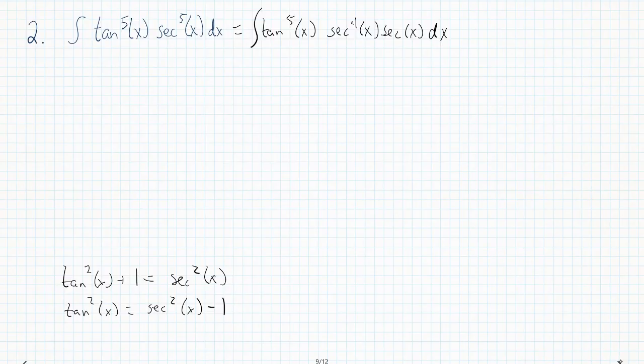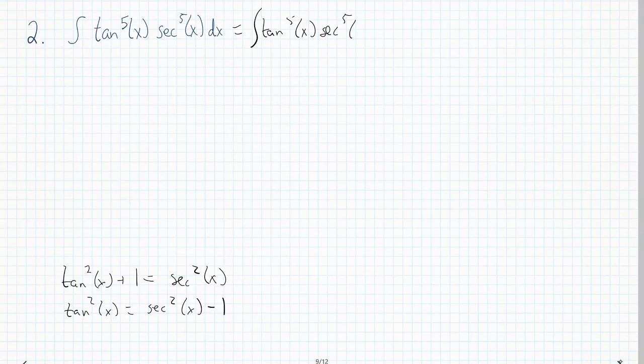Derivative of secant is secant x tangent x. Derivative of tangent is going to be secant squared. So we actually have a couple different options here. Which one are we going to go with? So actually, let's do this a different way. Not the secant to the 4th. Let's use the tangent one. That'll be a lot smoother here.